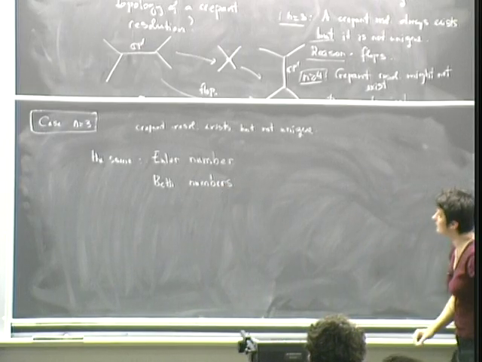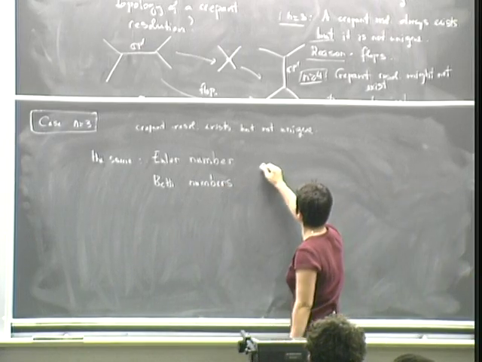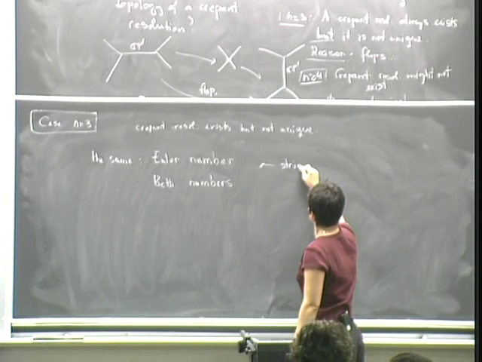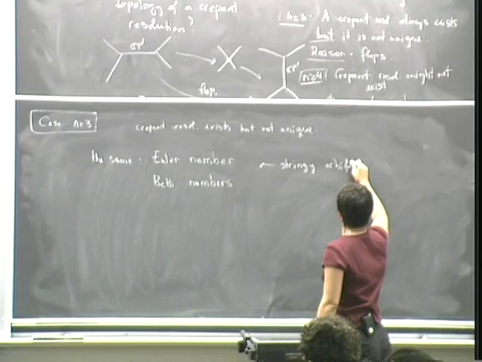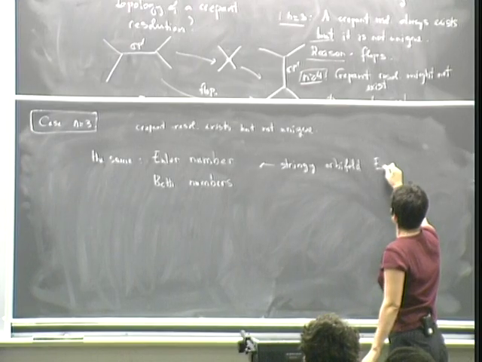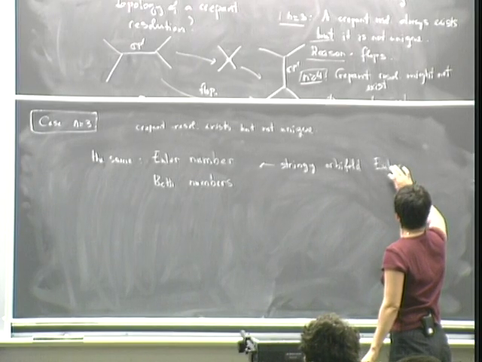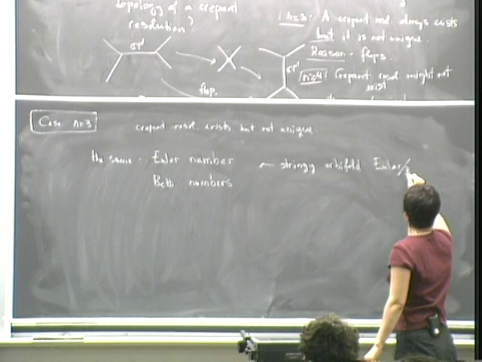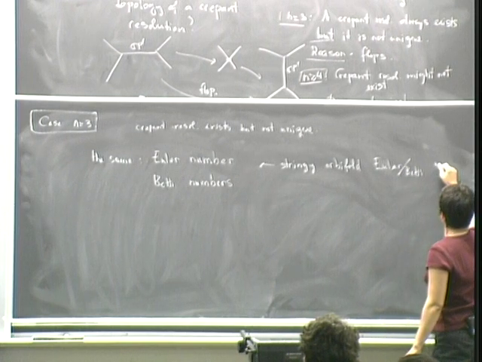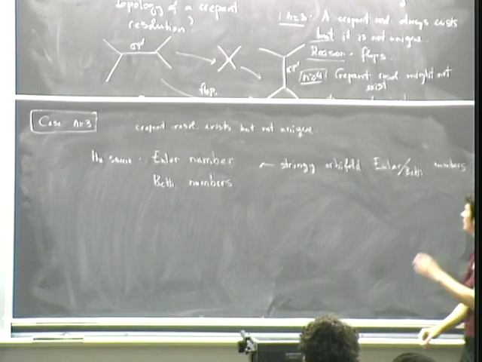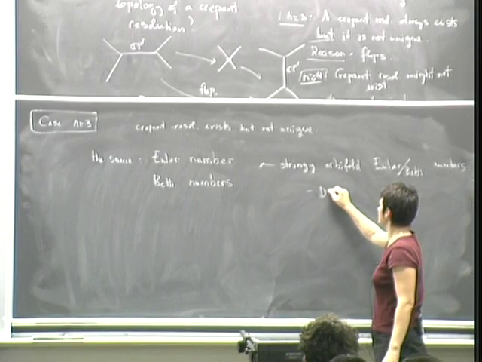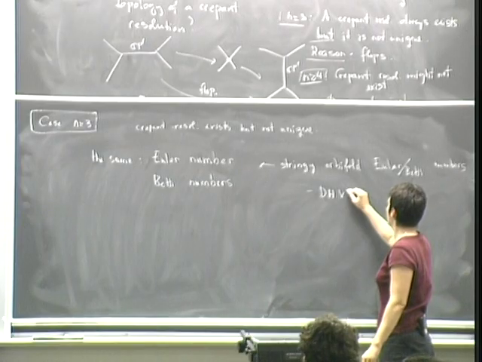And these are what's called the stringy orbifold Euler and Betti numbers. They were introduced by Dixon, Harvey, Vafa, and Witten.